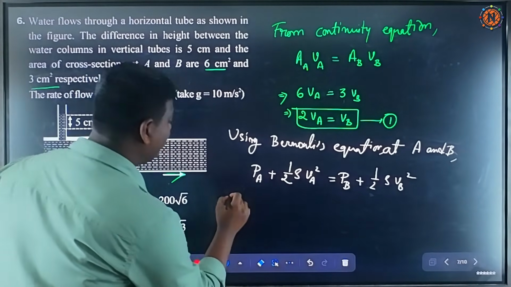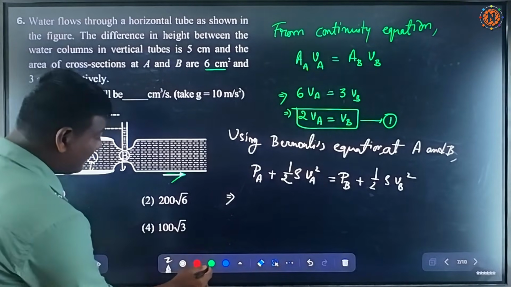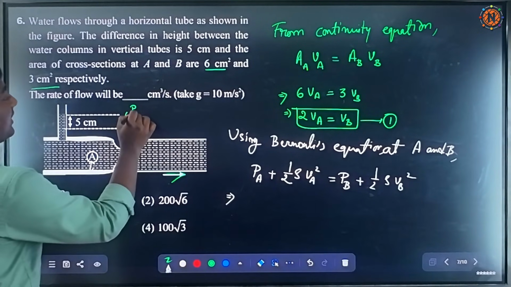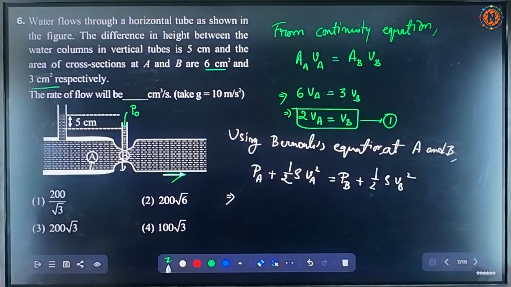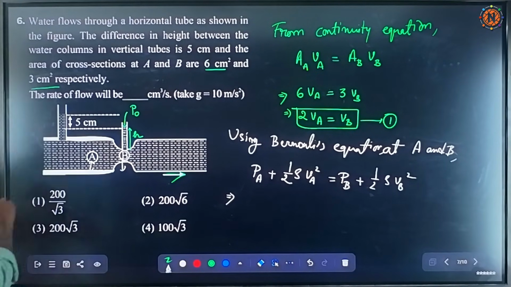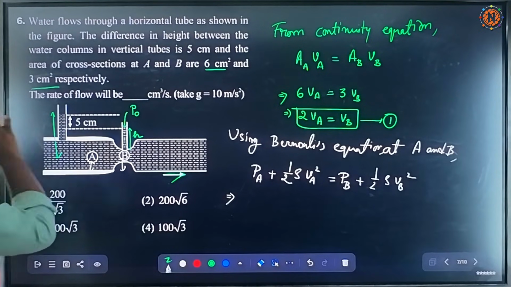Okay, now see, what is the pressure at point A and pressure at point B? Let's find. Since there is atmosphere, it will give the atmospheric pressure. We are considering P naught. Let this distance be h. This total distance will be 5 centimeter plus h.